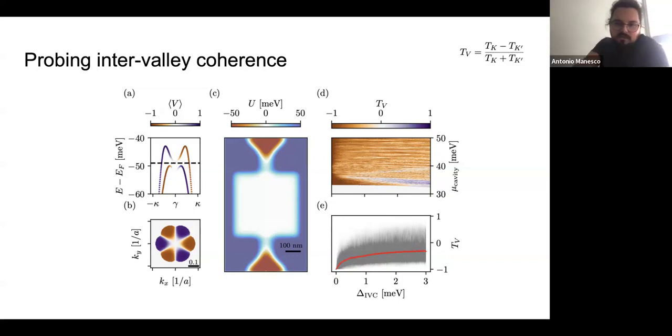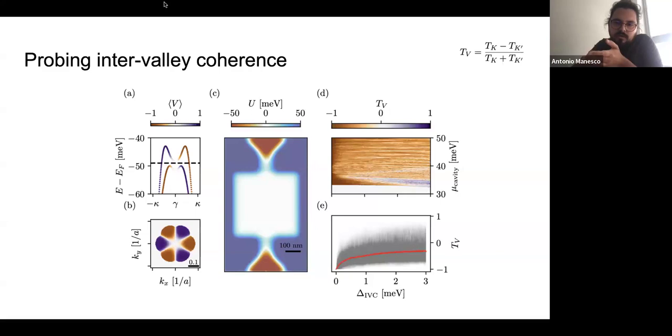May I add something here? In fact, the valley polarization is somewhat preserved all over the place. But you see that the average expectation value for valleys is decreasing. It doesn't fully go to zero, mostly because if you look at the Fermi surface, the white regions in panel B are the regions where you have strong valley coupling.